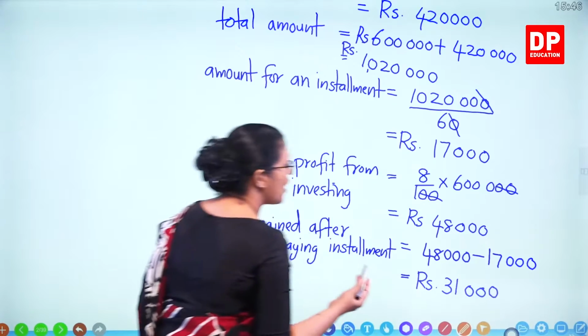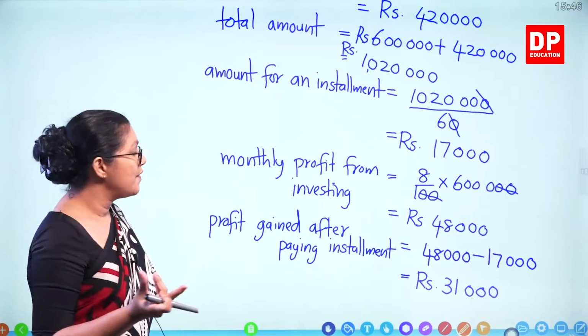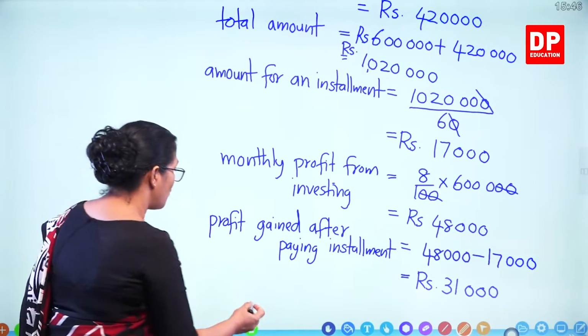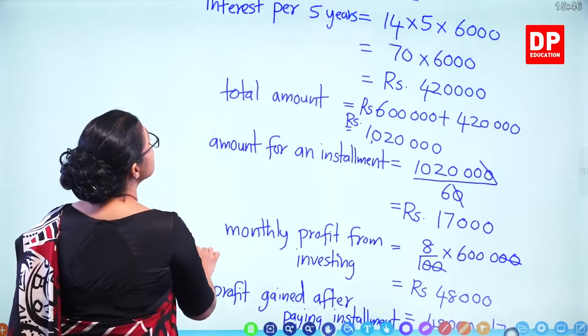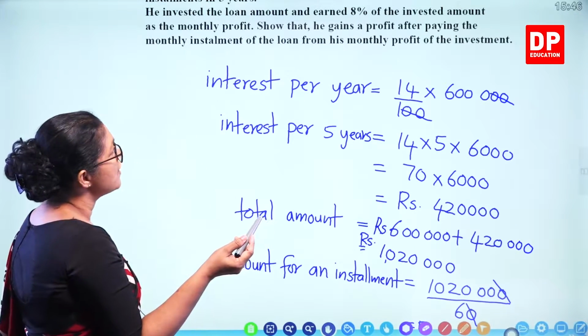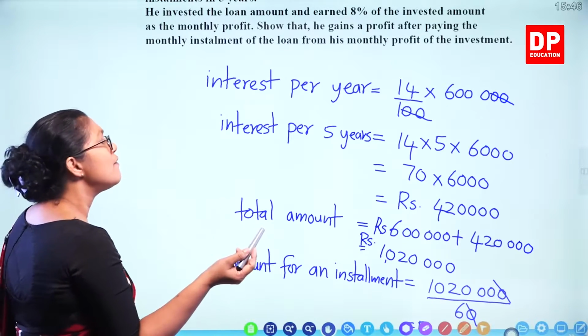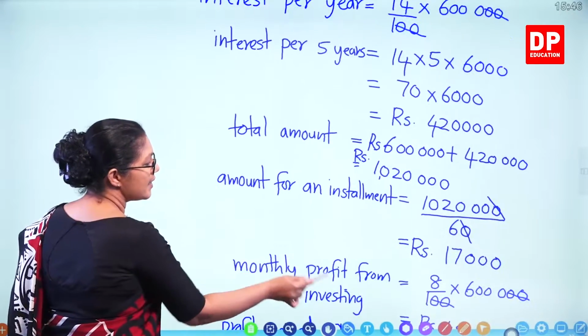So 31,000 extra he can keep. So this is a profit. What they ask here in the question is to show that he gains a profit after paying the monthly installment of the loan from his monthly profit of the investment. So this is the final answer.